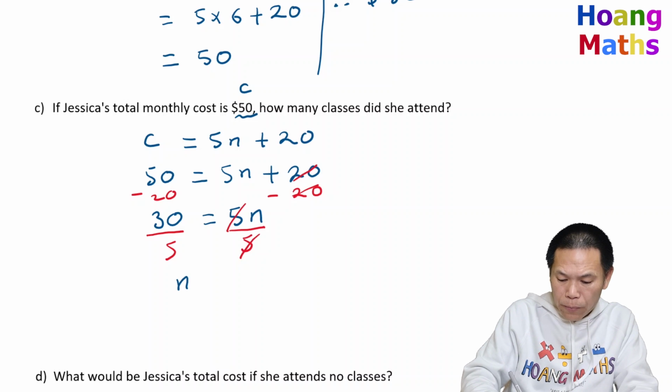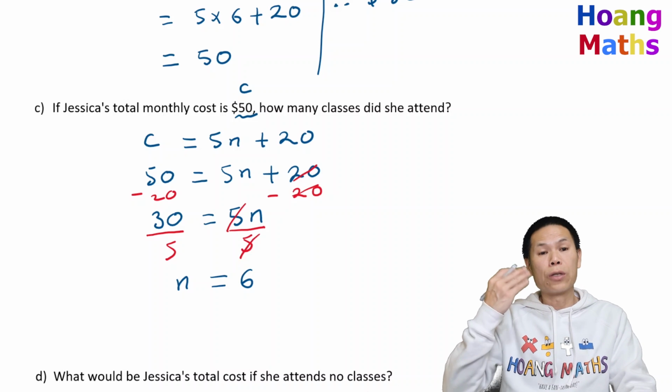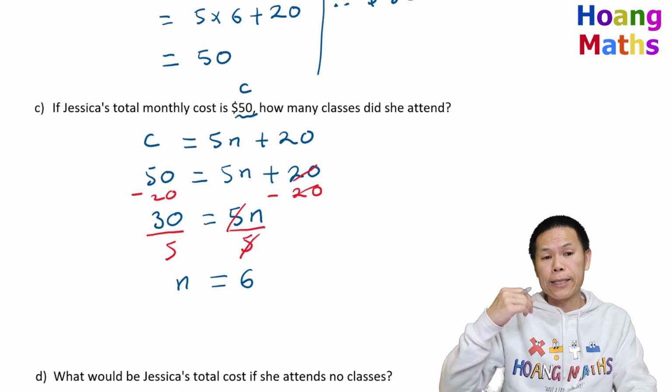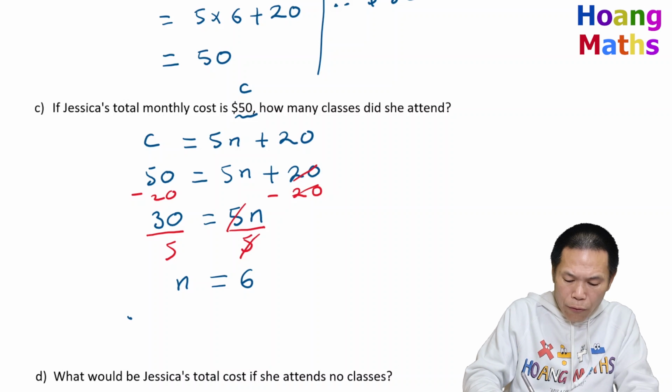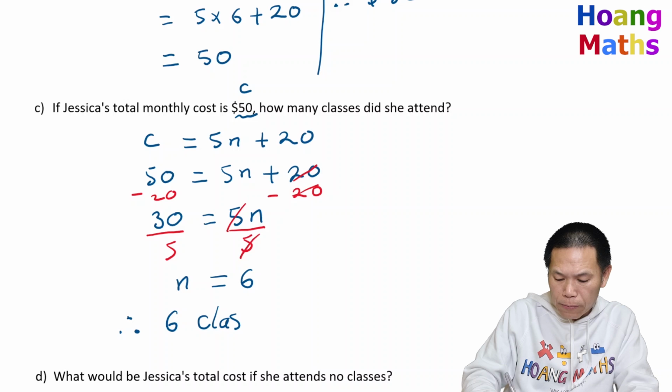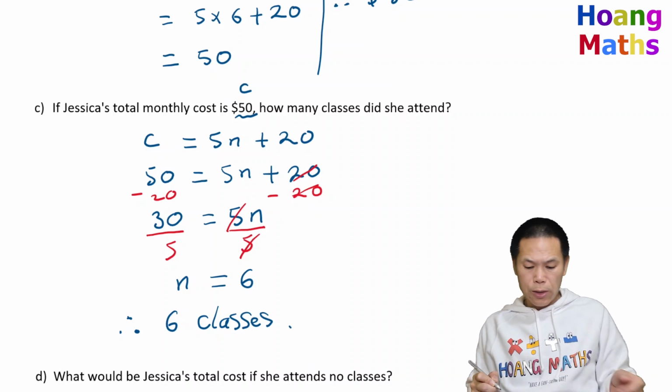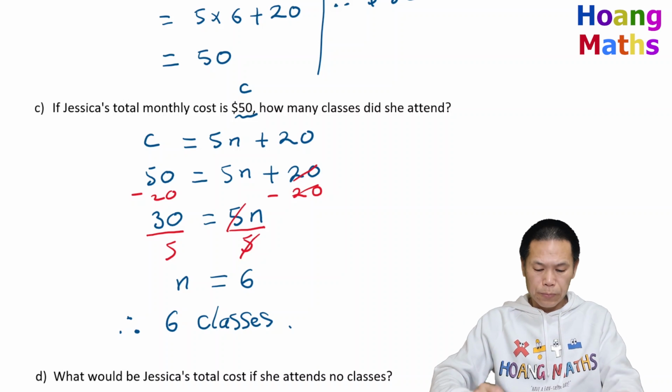So n is equal to 6. Therefore, Jessica attended 6 classes. Okay, keep that in mind. So just write 6 classes. That would do. So there you go.